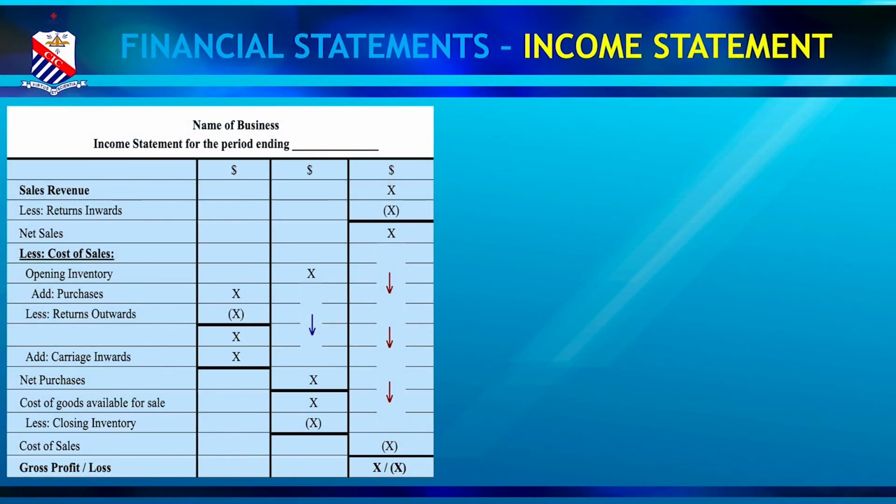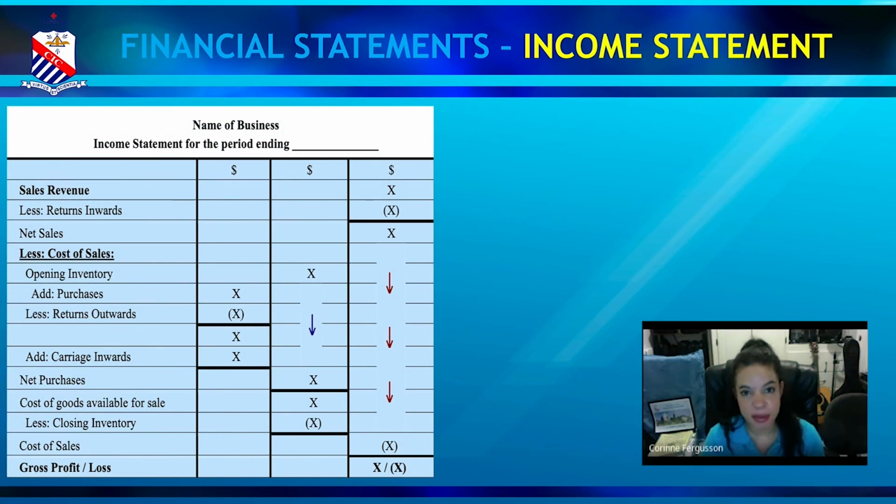So for the income statement, it stays the same. It's the same format. So remember what I said before. Go and learn or revise, practice your format for the first part, because this is the most challenging one that you have to learn. You see carriage inwards. Carriage inwards is an expense.